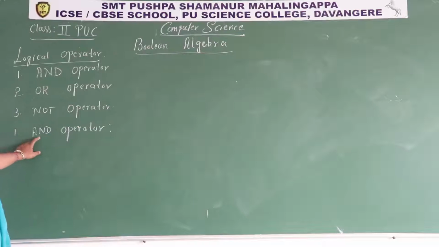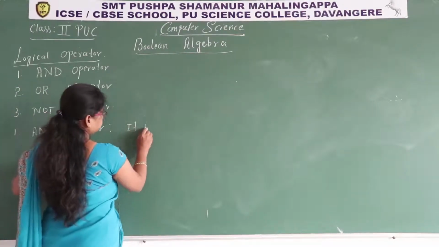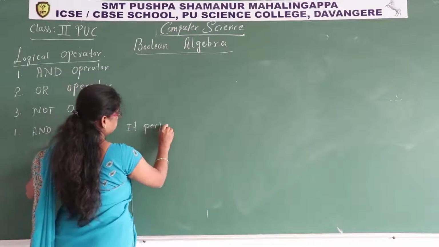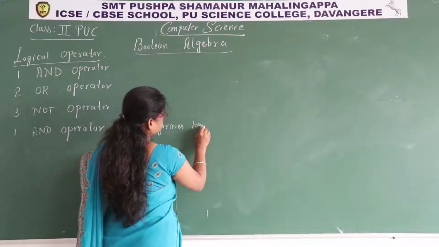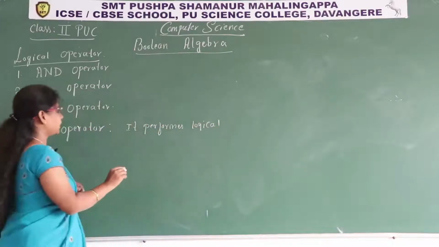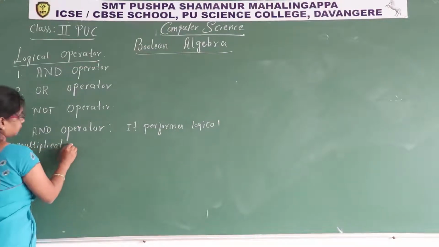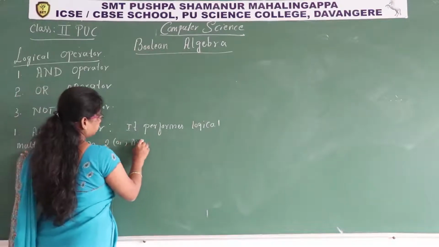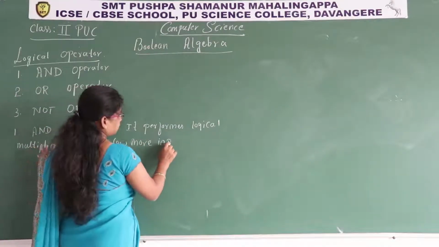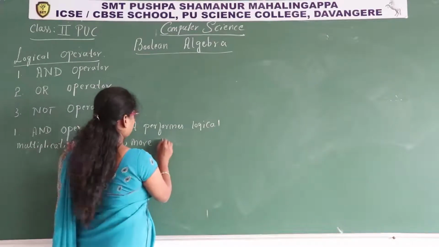The AND operator is a logical multiplication. It performs logical multiplication on two or more inputs, or two or more operands.